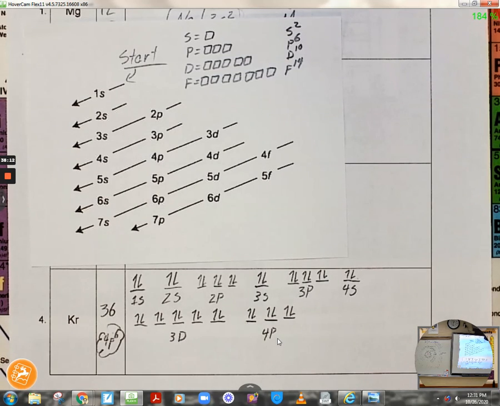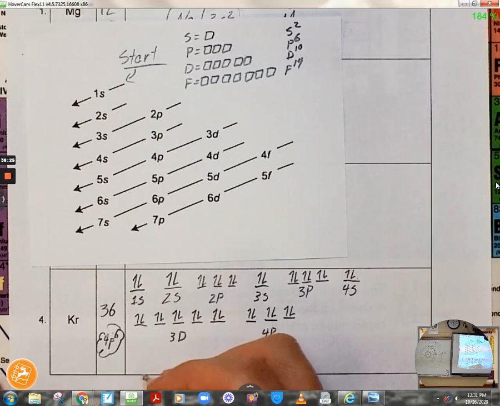Okay. So now we're going to go ahead. I'm going to do the electron configuration down here. And it's just going to be all of these with a superscript instead of a drawing. How are we doing on time? I don't have it out here.